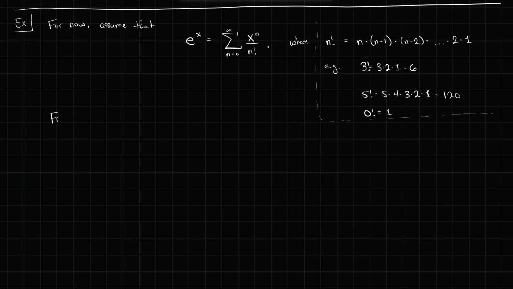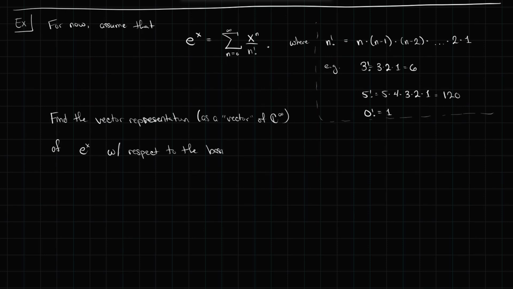Let's find the vector representation, as a quote-unquote vector of C infinity, of e to the x with respect to the basis x to the n, n goes from 0 to infinity.